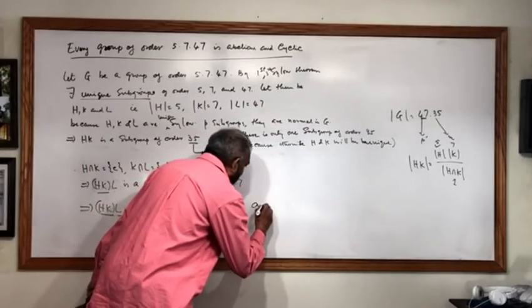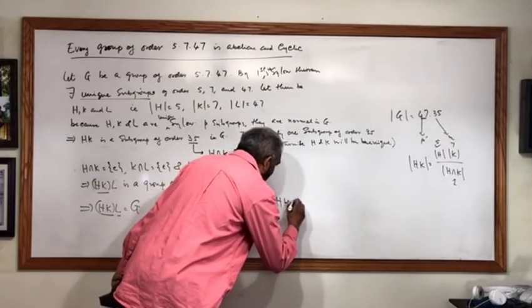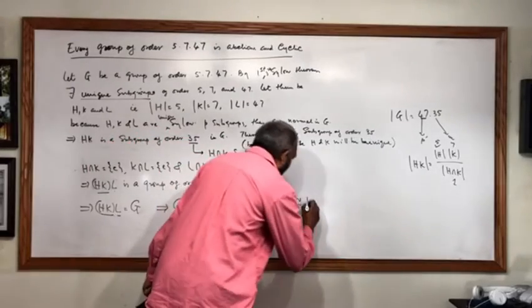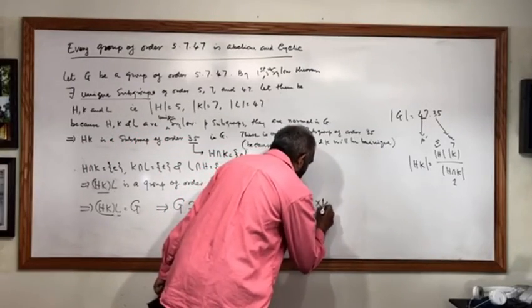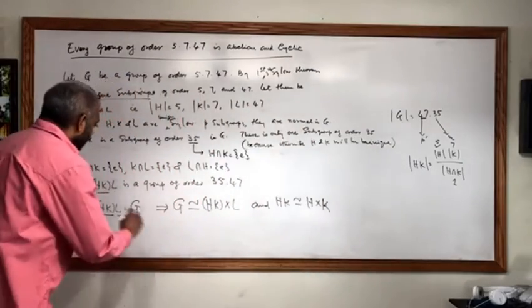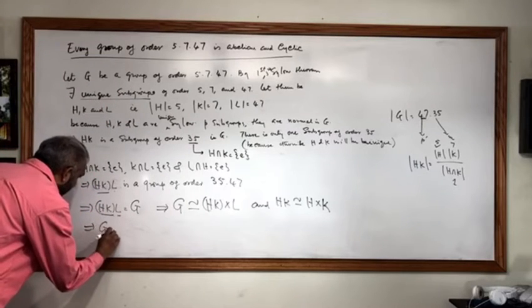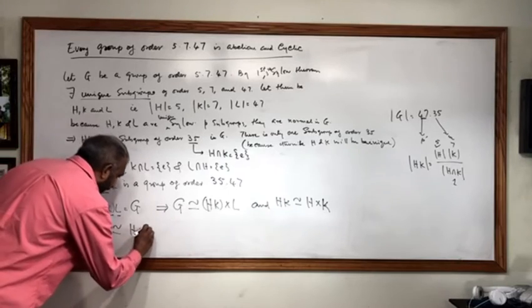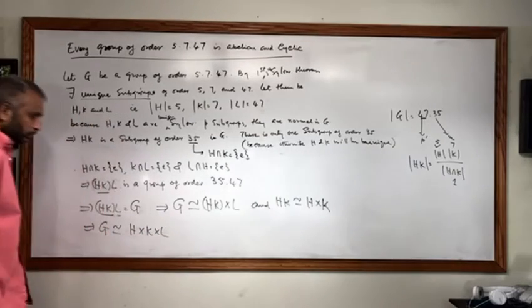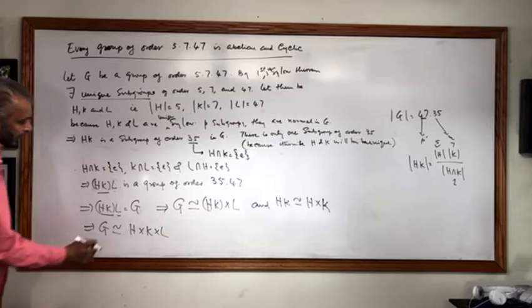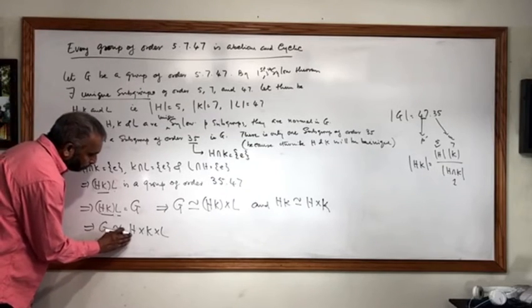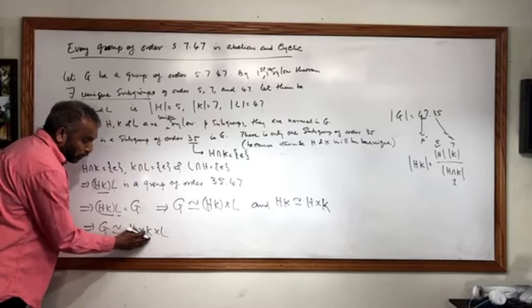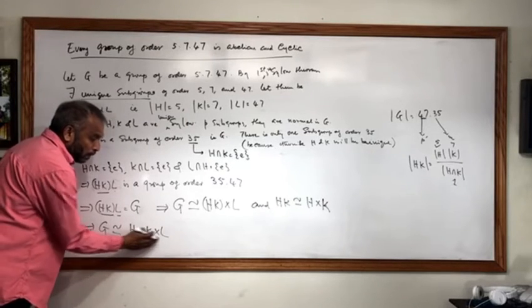And HK is isomorphic to H times K, and that implies G is isomorphic to H cross K cross L, the product of these three. These are all subgroups of prime order.